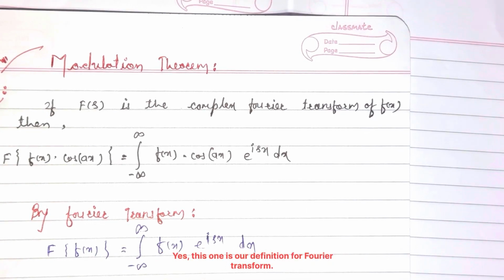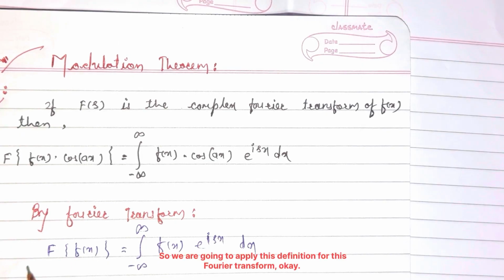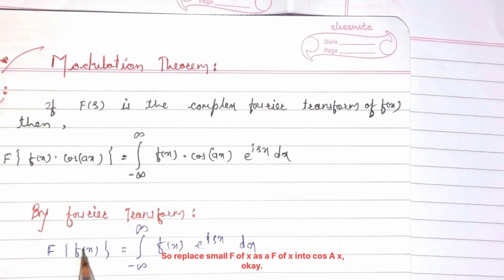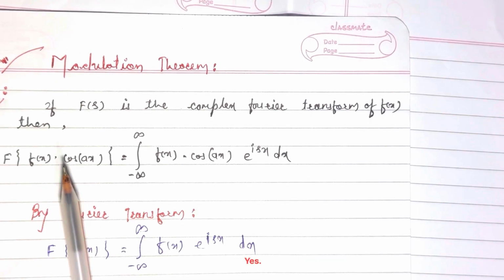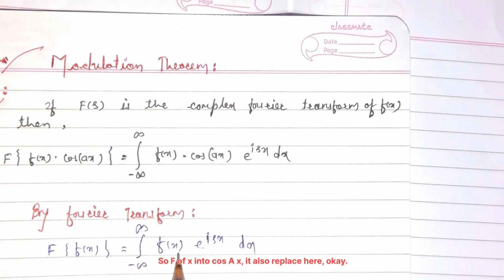This is our definition of the Fourier transform. We are going to apply this definition, replacing small f of x with f of x into cos ax.